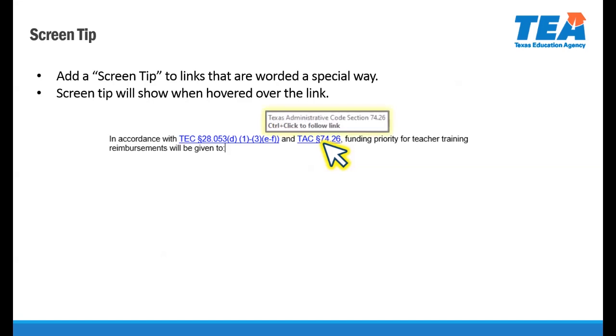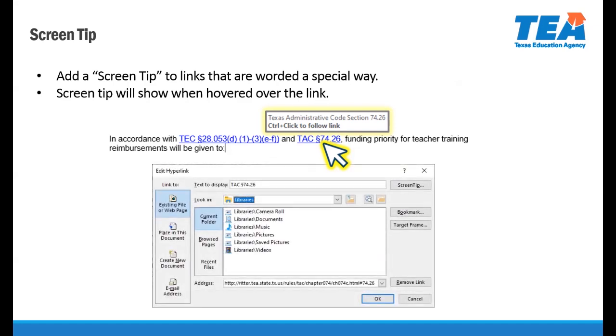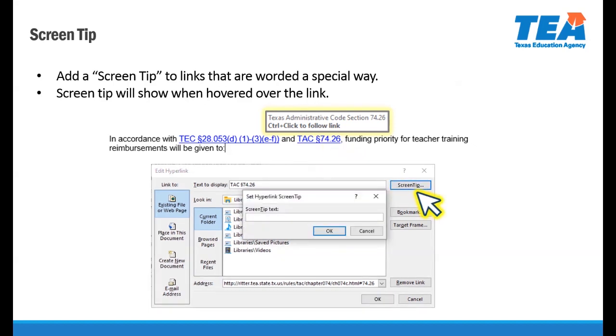In this example, we're going to add a screen tip to the link TAC section 74.26. We start by editing the link so we can get the hyperlink window open. On the top right, the screen tip button will appear. When you click on that, another window appears. This is where you add your text for the screen tip.